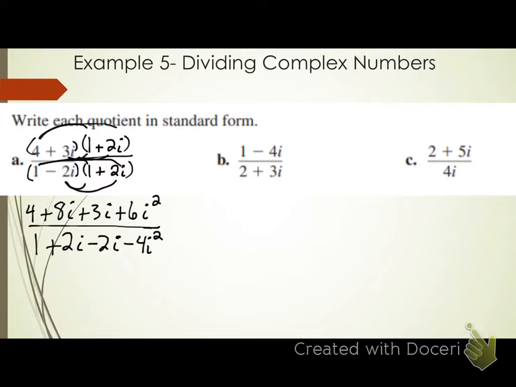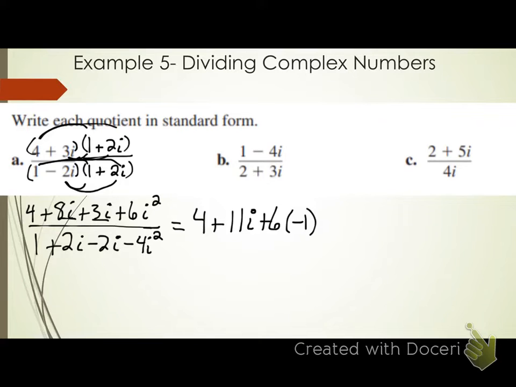Now I can start combining like terms, substituting negative 1 for i squared, and simplifying this. So my numerator, do I have any sets of like terms? 8i and 3i. So what's 8i plus 3i? 11i. What's i squared?